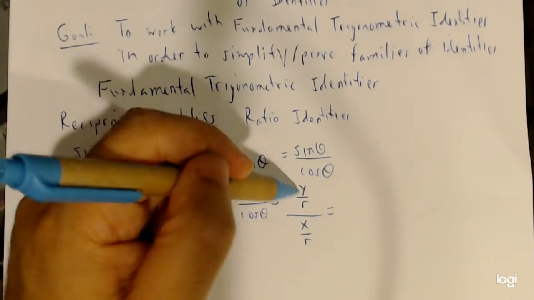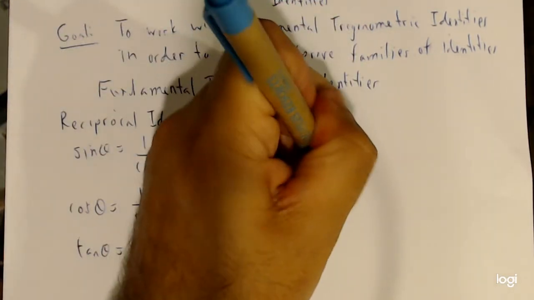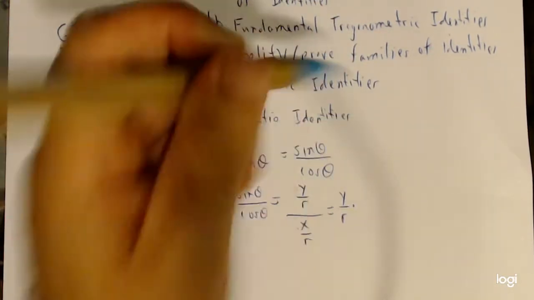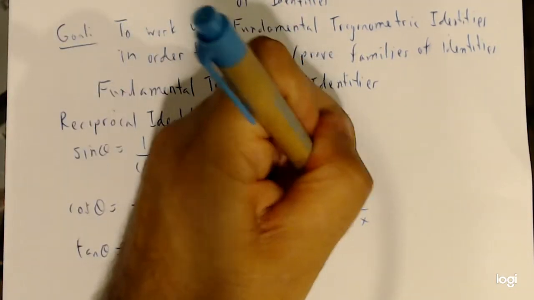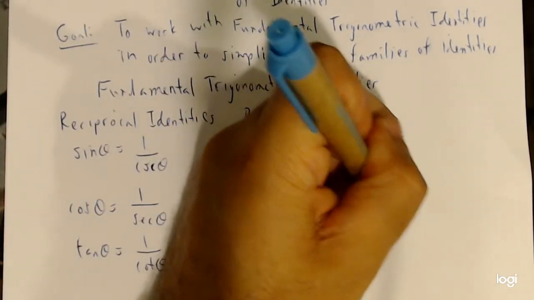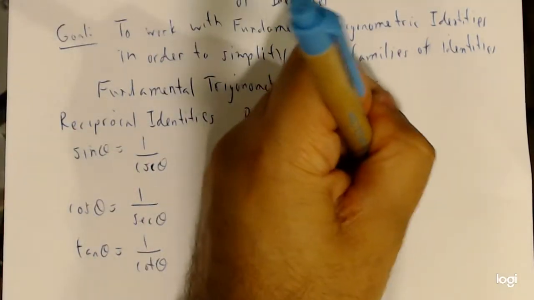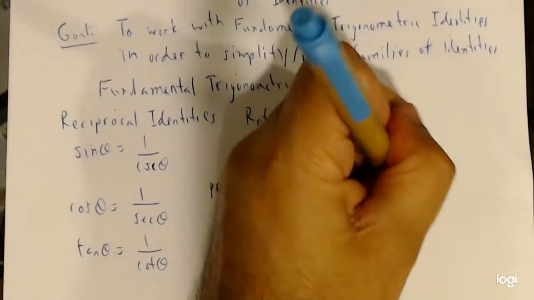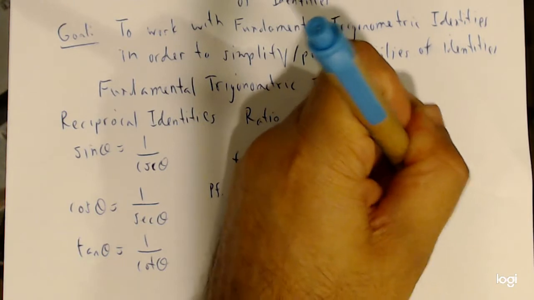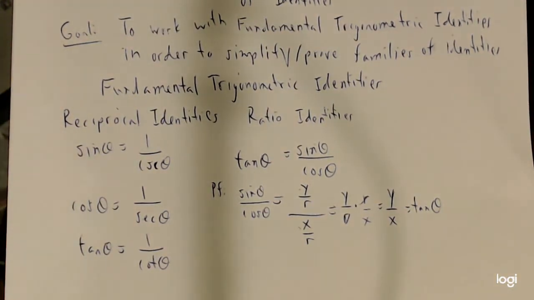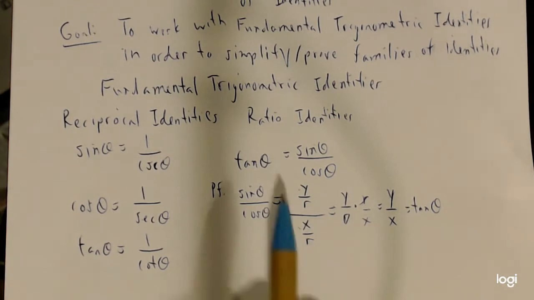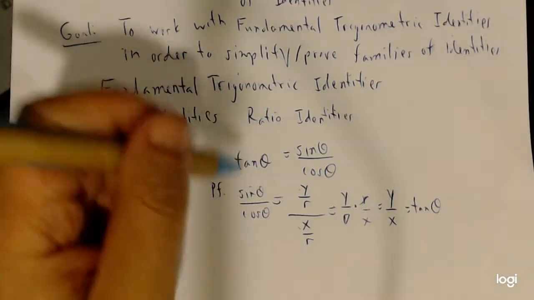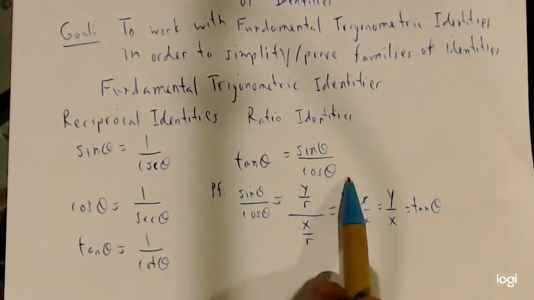And anytime you divide fractions, that's equivalent to y over r times the reciprocal of the denominator, which is r over x. The r's will cancel out, and we have y over x left. And what's y over x? By definition, that's tangent of theta. So notice how we just showed that sine theta over cosine theta is the same thing as tangent of theta. So that's a quick proof of that.